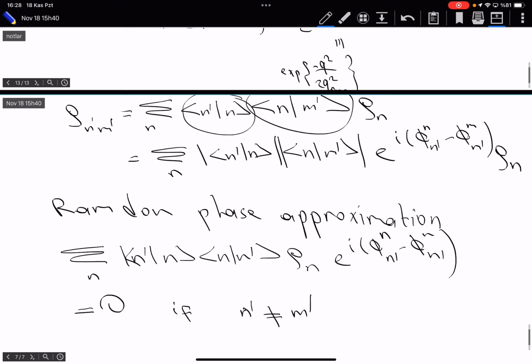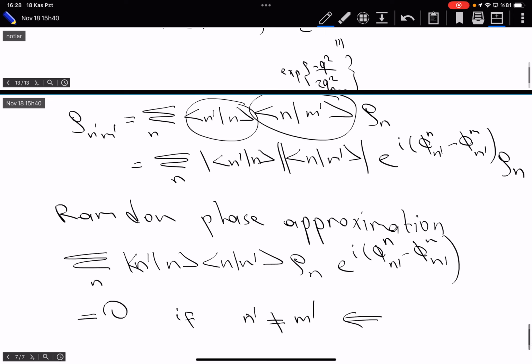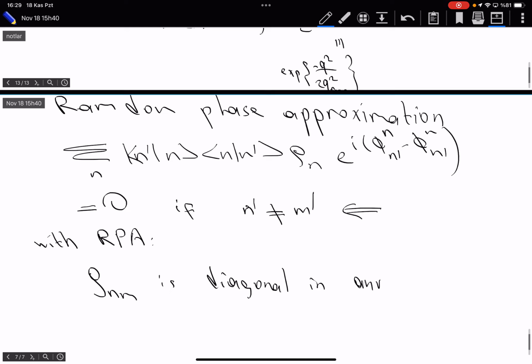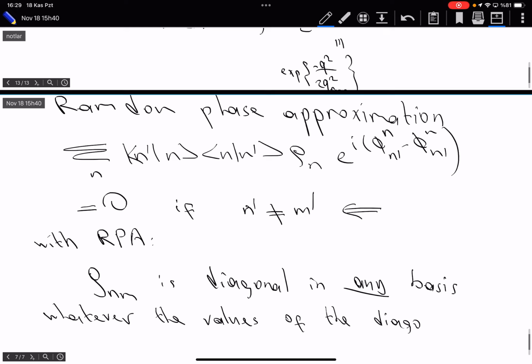Of course, this can only be assumed if n prime and m prime are different. So with this random phase approximation, I can say that rho_nm, with random phase approximation, is diagonal in any basis, whatever the values of the diagonal entries are.